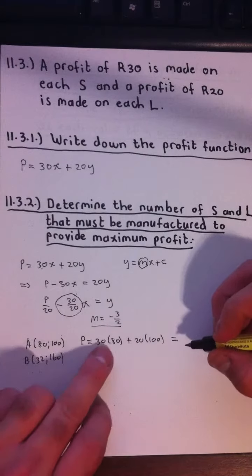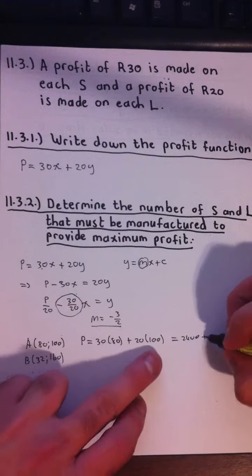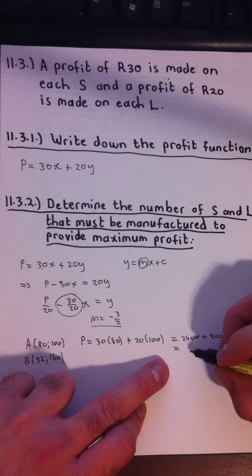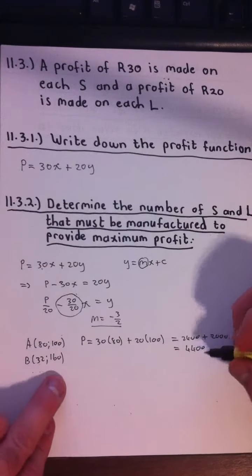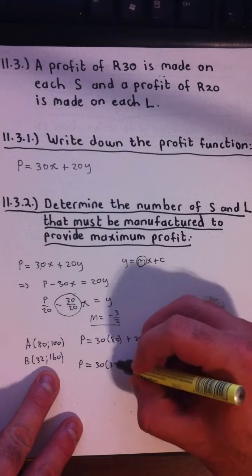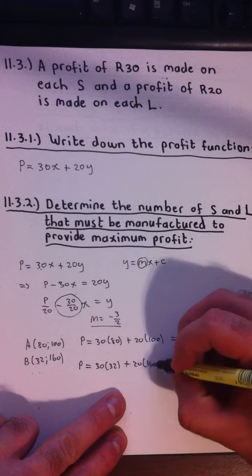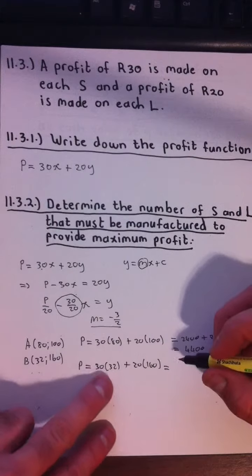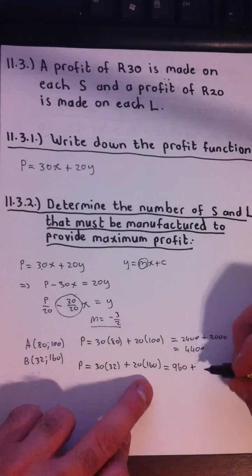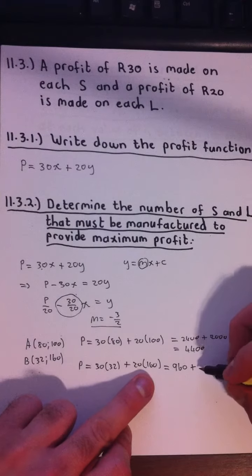That will be equal to 30 times 80, which is 2,400, plus 20 times 100, which is 2,000, and that is equal to 4,400. Okay, if we do point B, profit equals 30 times X plus 20 times Y, and that is equal to 30 times 32, which gives us 960, plus 20 times 160, which gives us 3,200.